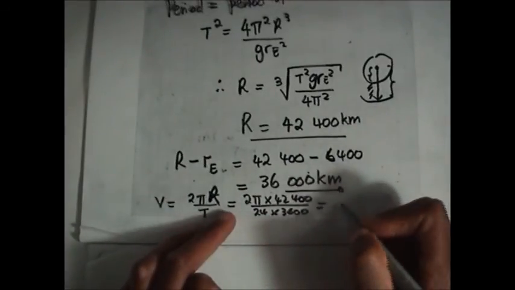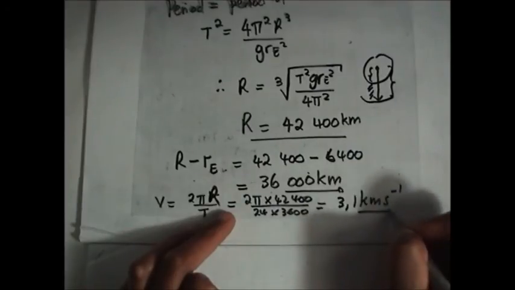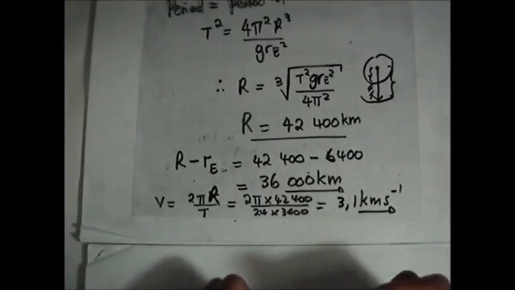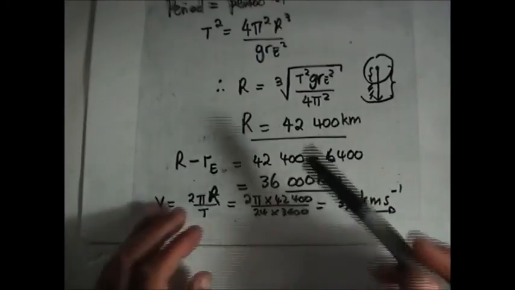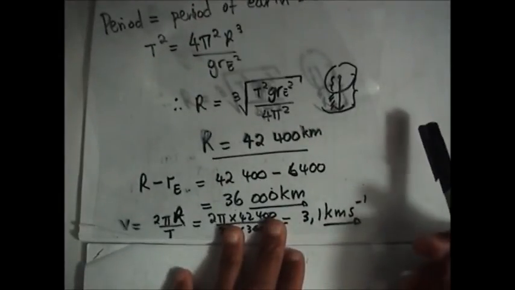So this will be equal to 3.1 kilometers per second. So these satellites will be traveling at 3.1 kilometers per second for them to keep up with Earth, for them to remain at the same point always.